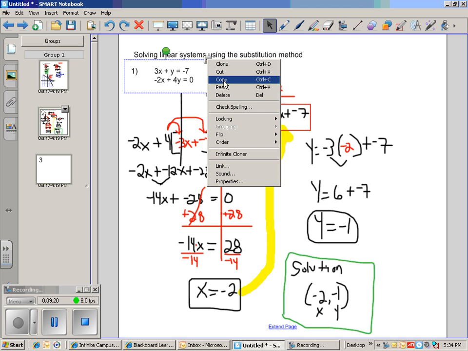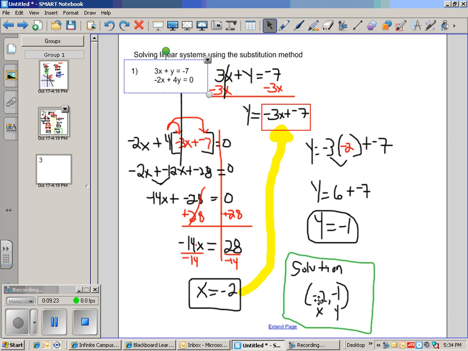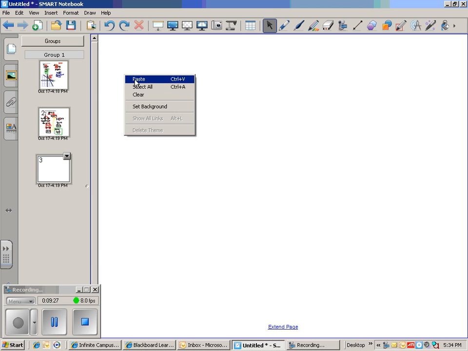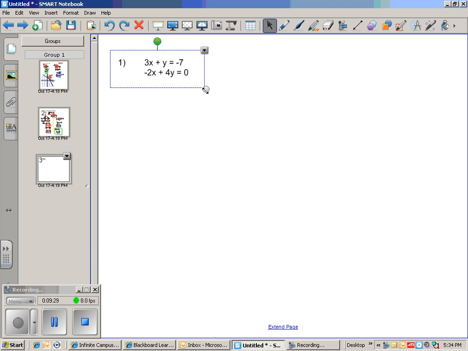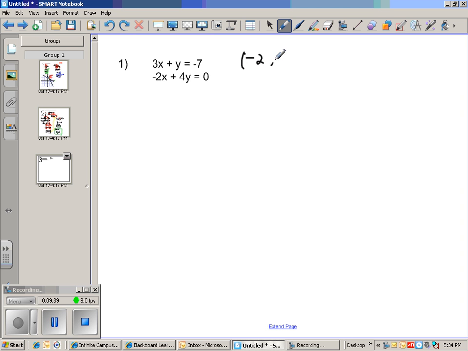So I'm going to copy this. And I remember my solution is negative 2, negative 1. So let's go ahead and check that. Here's my original equation. My solution is negative 2, negative 1. And we're going to go ahead and just plug that in to check.